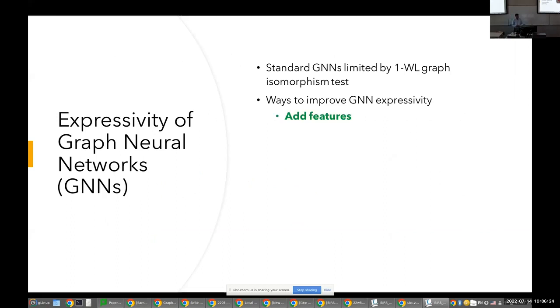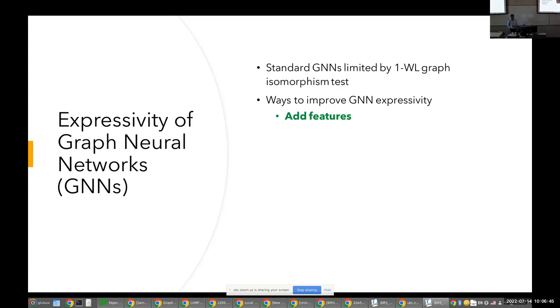I like to think of there being several different approaches to this, and I categorize them into 3 main types. The first approach is to add either node or edge level features. These features allow you to discriminate different nodes that you would not otherwise be able to without this information.